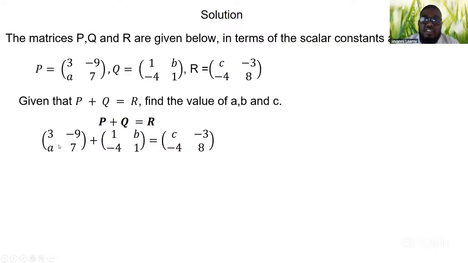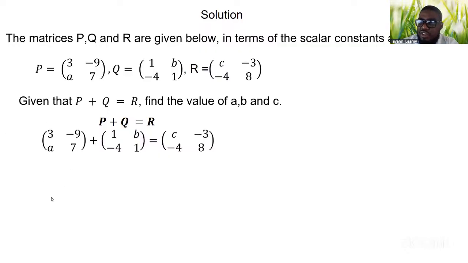So what is the order of P, Q, and R? Are they all the same? For matrices P, Q, and R, what is the order of all three matrices? 2 by 2. So yes, we can actually add them. Yes. So let's add. Now, what do you think I'll add to 3?